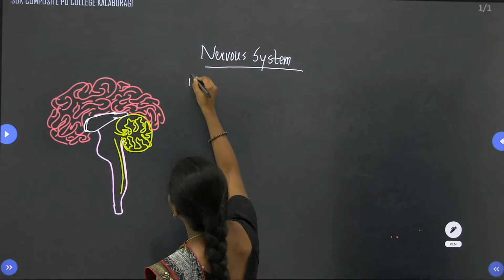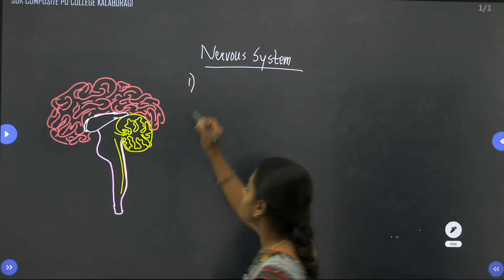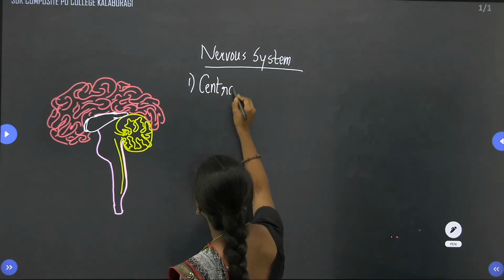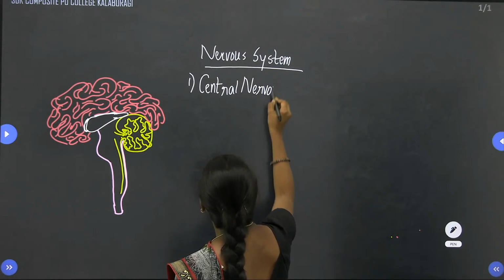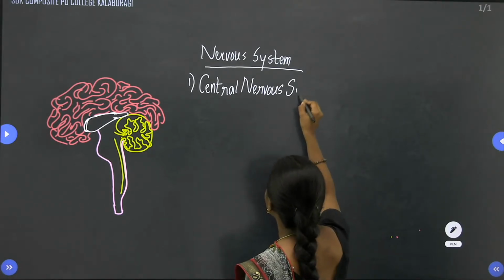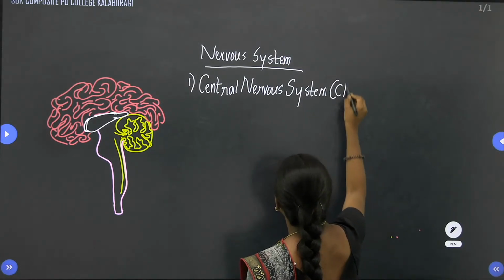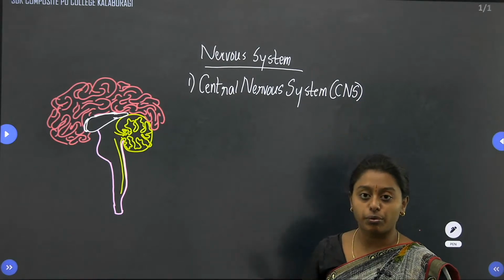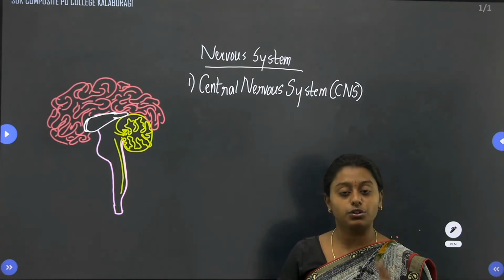There are two different types of nervous systems which we come across. The first one is the central nervous system, that is CNS. The central nervous system is formed by the group of neurons that are present within two structures.